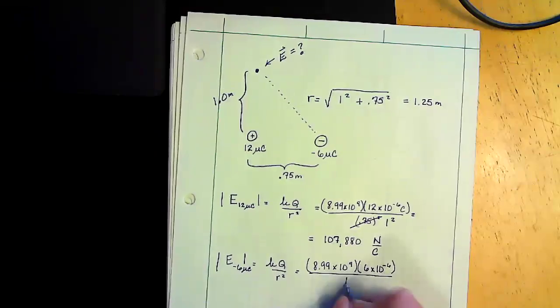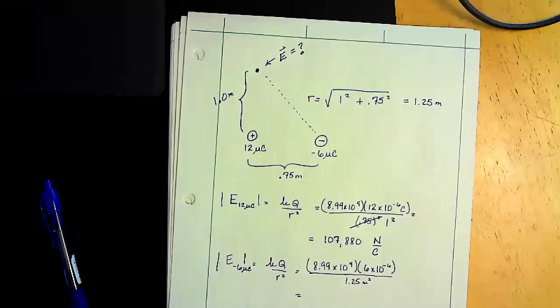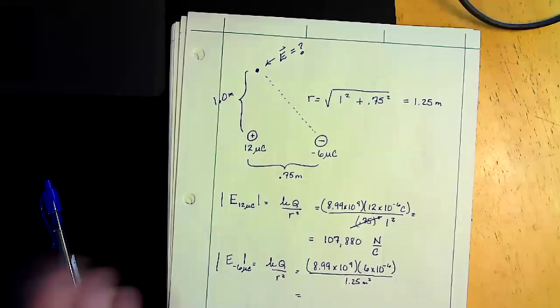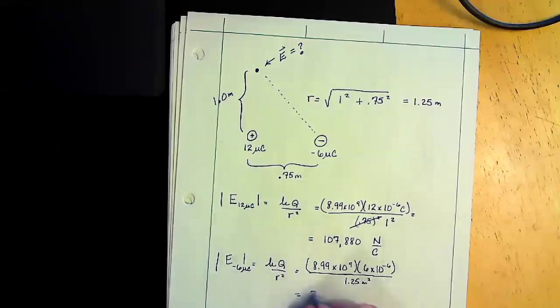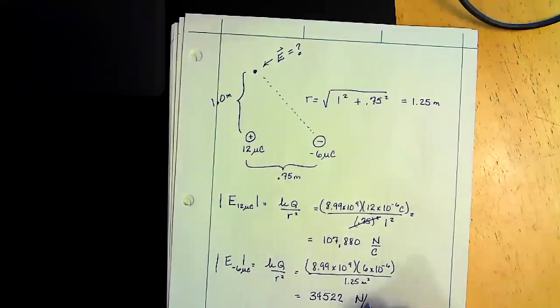And that's going to be 1.25 meters squared. And I get 3, 4, 5, 2, 2 Newton per coulomb.